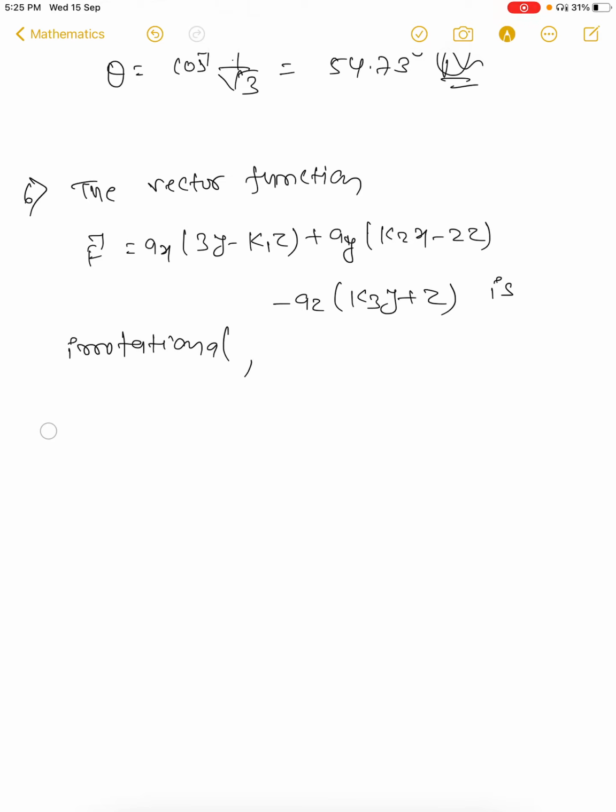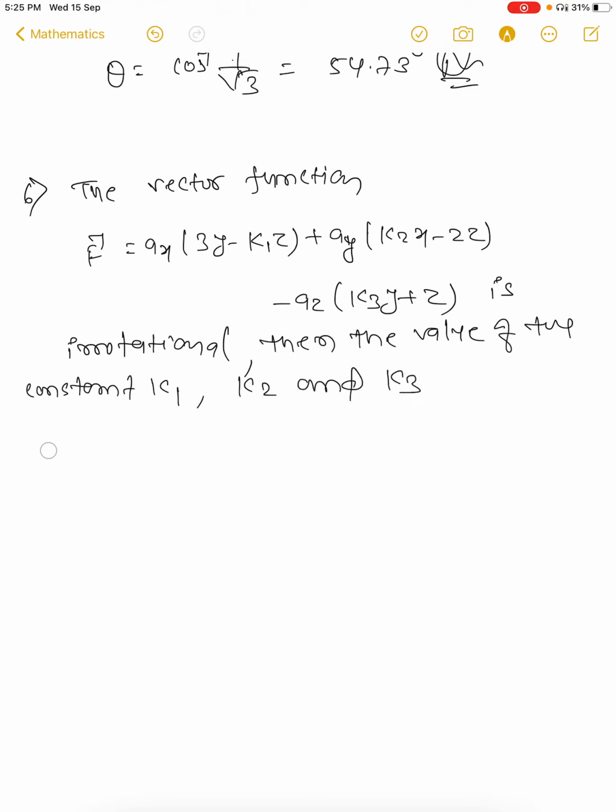Then the values of the constants k1, k2 and k3 respectively are. We have to find the values of k1, k2, k3.